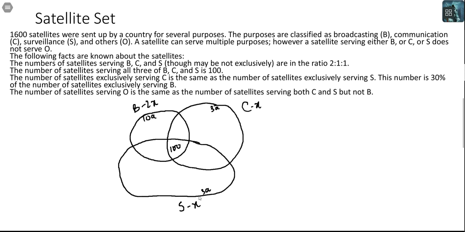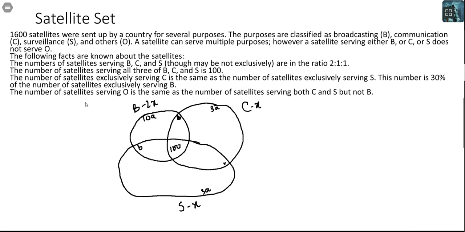Now at this time itself, you can draw an inference. This region is common to both C and S. 3A is same. 100 is same. These are the only two regions that are not interacting, but because the total circle for C and the total circle for S is same, can I say that this region, let's call it B, and let's also call this B, these two would also be same, because the common regions are same, so these two also have to be identical.